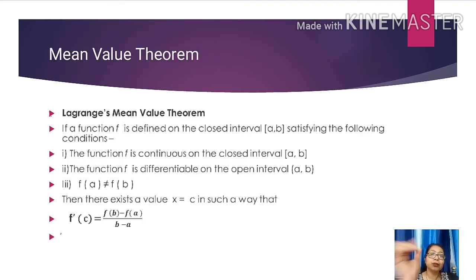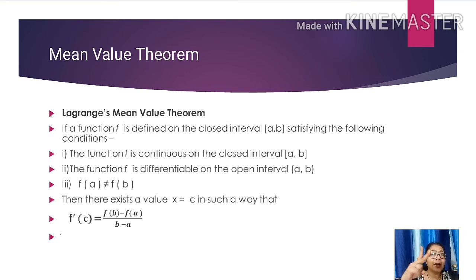Now the mean value theorem of Lagrange. Okay, so here almost the first two points are same as Rolle's theorem. That is, a function in the closed interval a to b satisfying the following conditions. Number 1, the function is continuous in the closed interval [a, b].